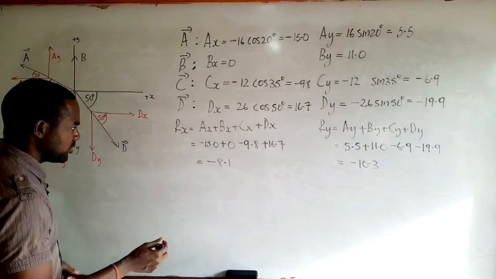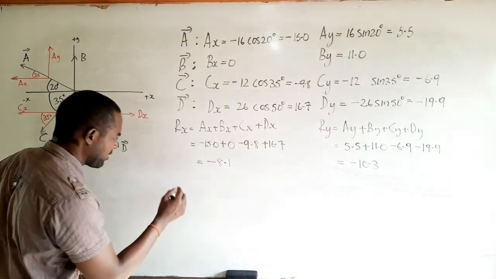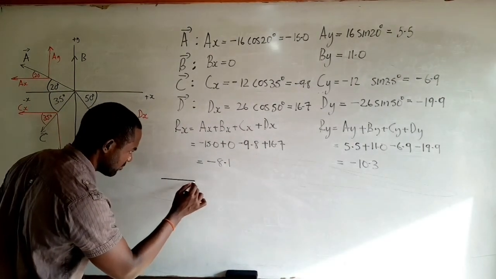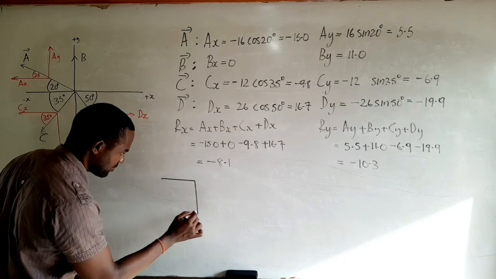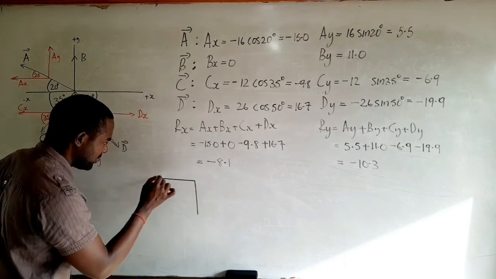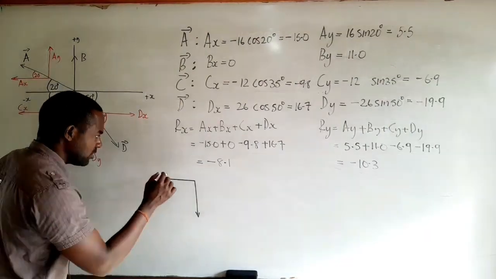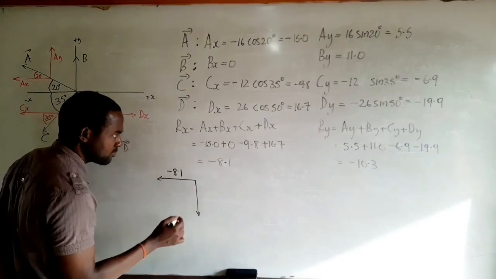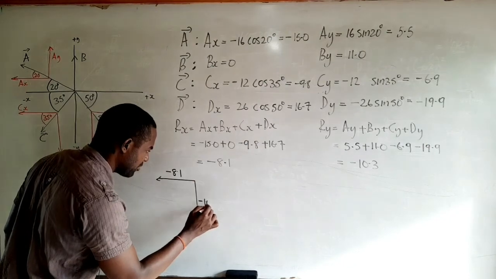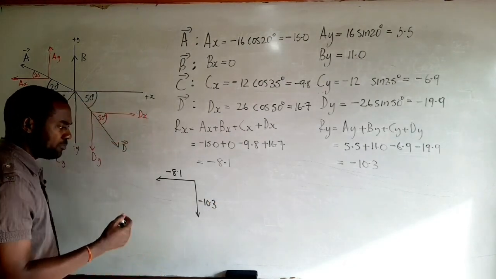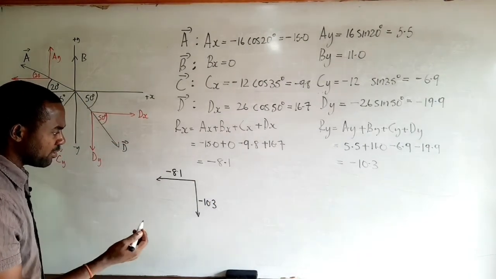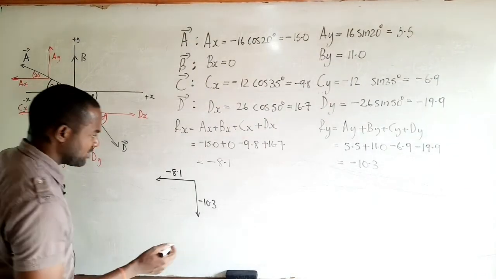So our two vectors basically look like this, right? So this is basically our Rx, that is our Ry. So this is minus 8.1, minus 10.3. We then basically redraw the diagram to show this running from tip to tail.